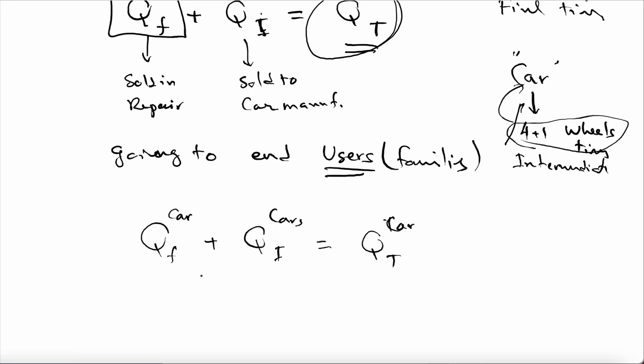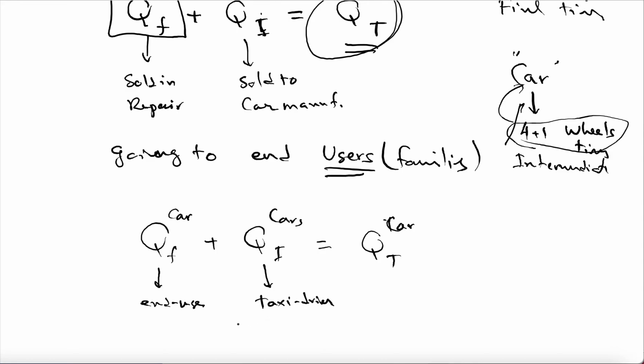What is an example of final cars? These are bought by end users, like you buying a car and using it for yourself. But the car bought by a taxi driver is different.